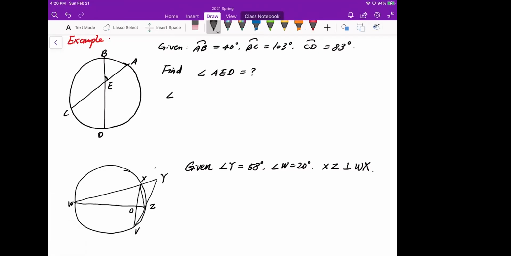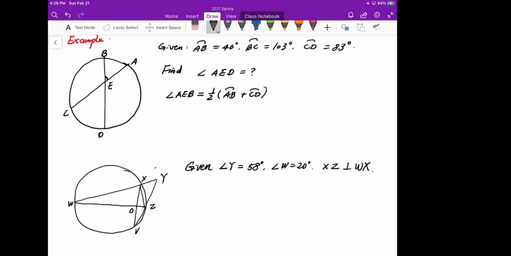The angle of AEB, according to a theorem we learned earlier, is just half of the AB plus the CD. Does it make sense? Right? Okay.